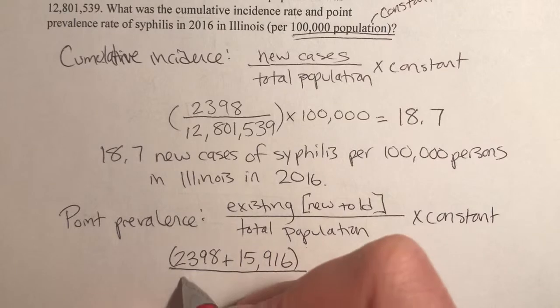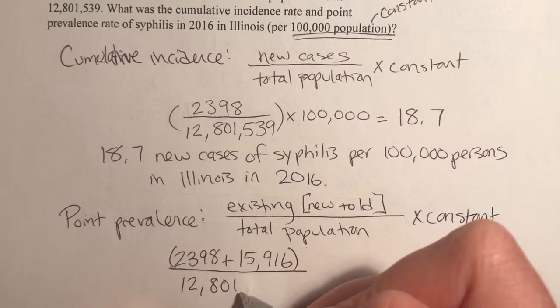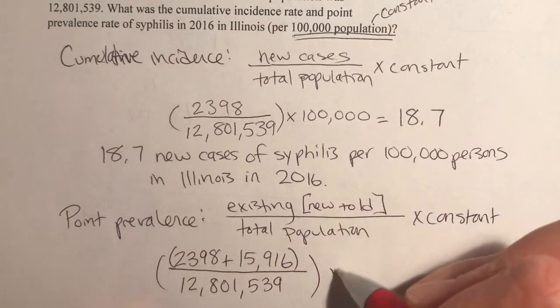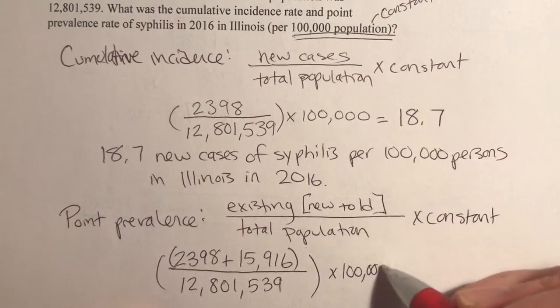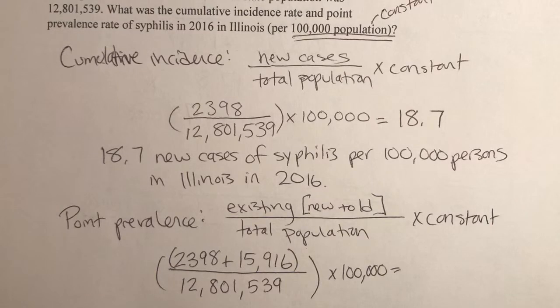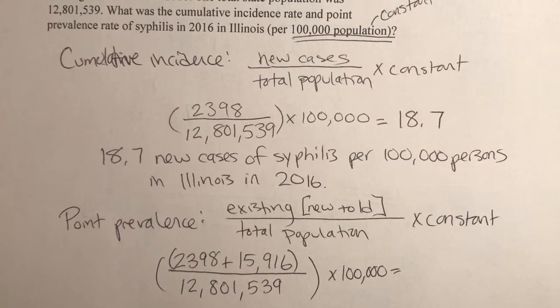Our denominator is going to remain the same at our total population of 12.8 million. Okay. And then we're going to multiply by our constant of 100,000. So again, be sure that you have some parentheses in place here, otherwise you might get something kind of funky come out when you start plugging this into your calculator.